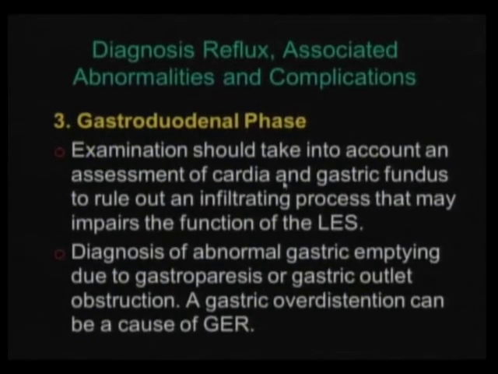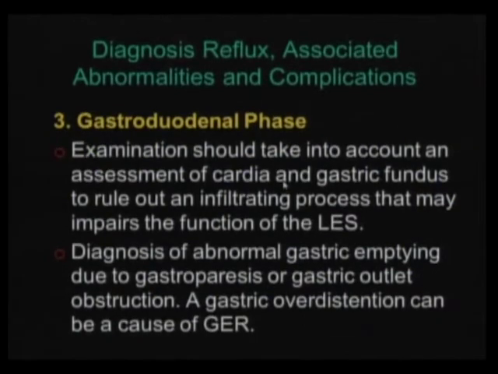Once we have a patient with dysphagia, we don't know exactly the location of the cause of the dysphagia. That is the reason we have to evaluate from the oral cavity, and also the cardia and the gastric fundus.